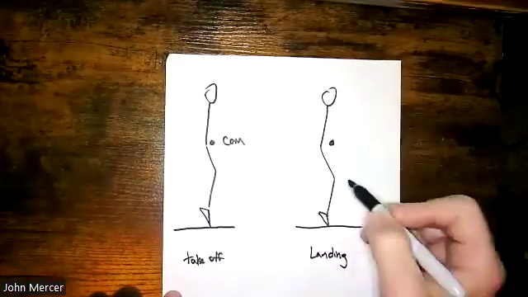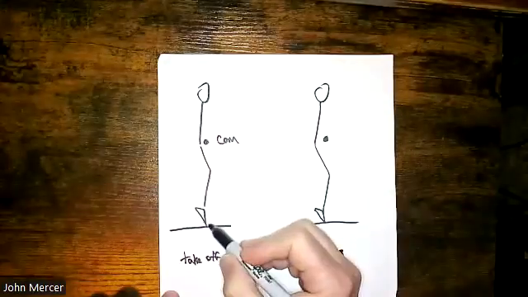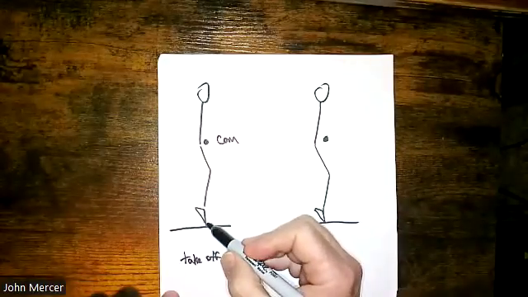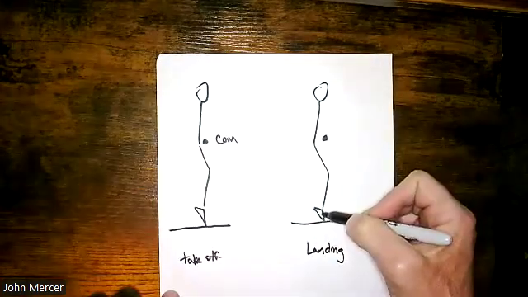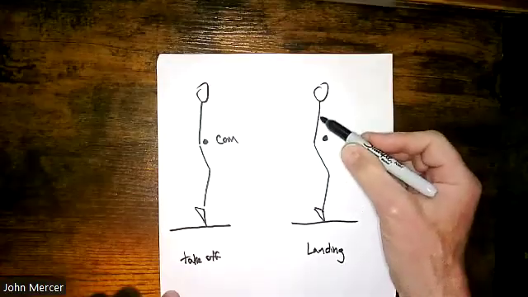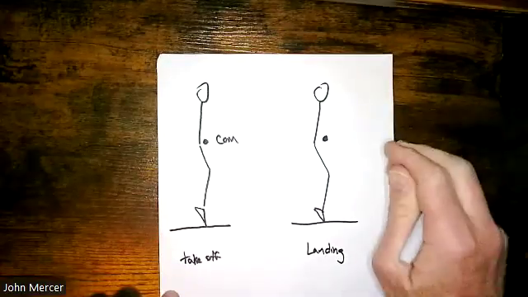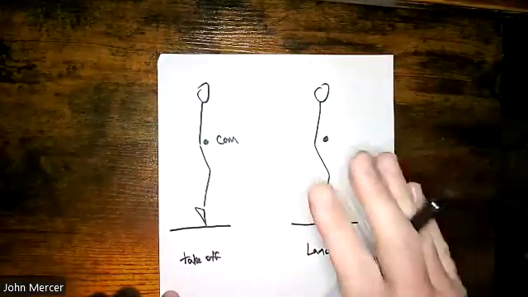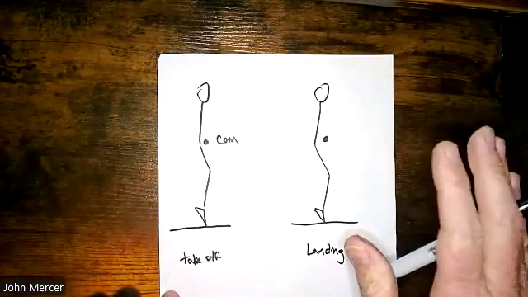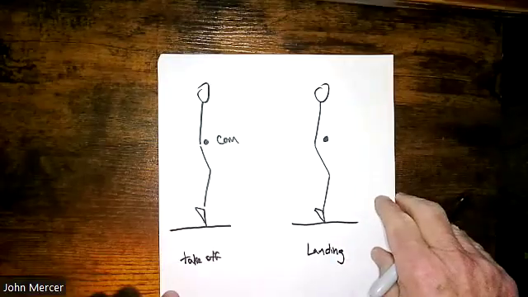Almost, for the most part, people are going to land in about the same position as takeoff in regards to the foot angle, the leg angle, the thigh angle, and so forth, even the trunk angle. For the most part, those positions are going to be pretty similar, or enough that we can do our calculation of final and initial position being the same.